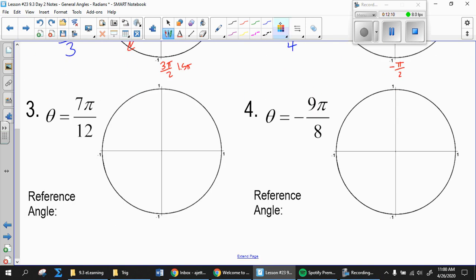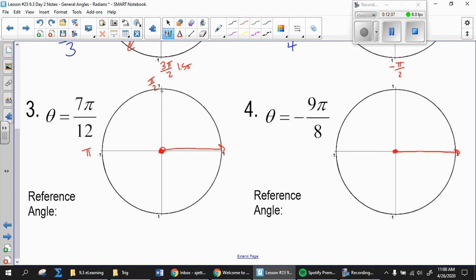All right, let's look at these two. Standard position. So my initial side here is on the positive x-axis. 7 pi over 12. So I know here we're going counterclockwise. Here's my 1 pi. Here's my pi over 2. So 7/12. We know 6/12 is a half.